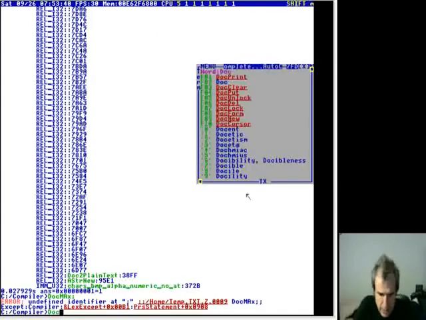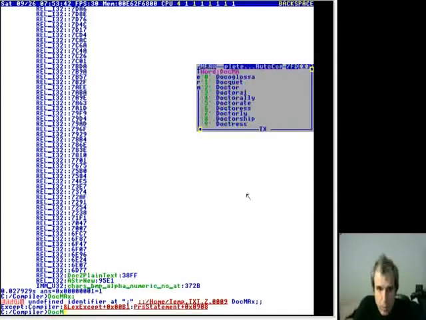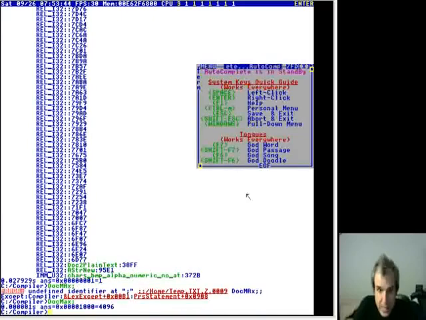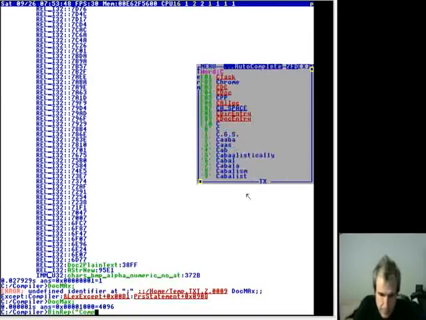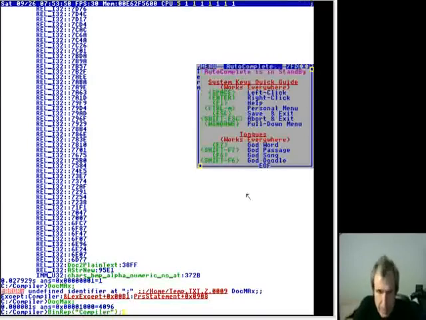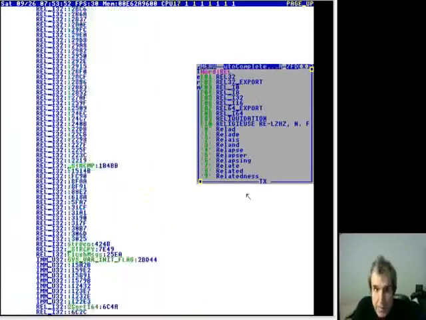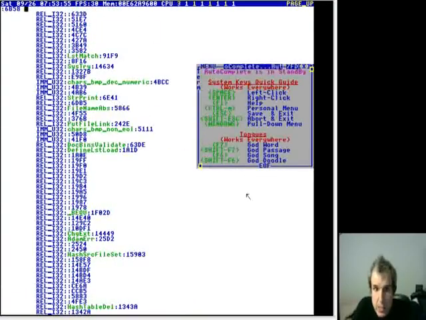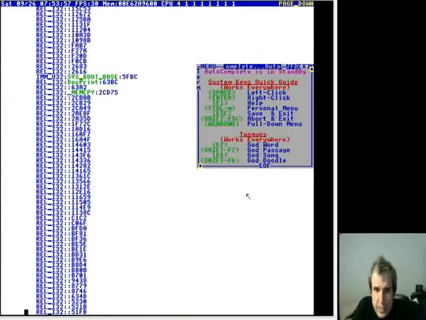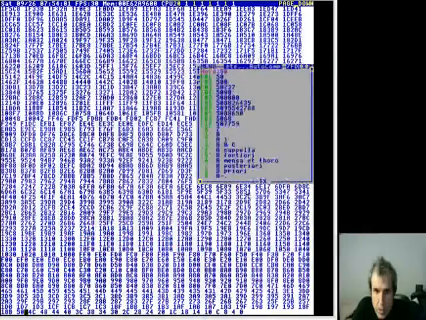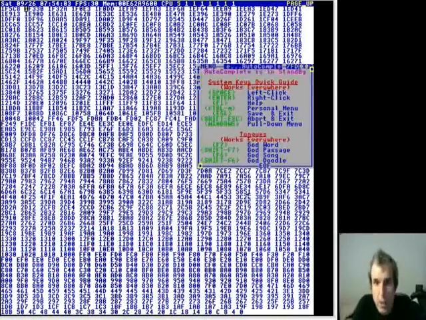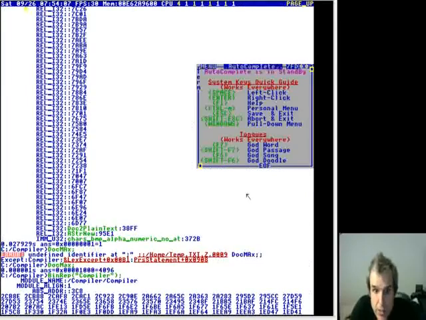I don't want a limit on my command line buffer. So at the top we have exports and imports. Oh, here's the thing: all my code is position independent. There's a table for every single absolute address.